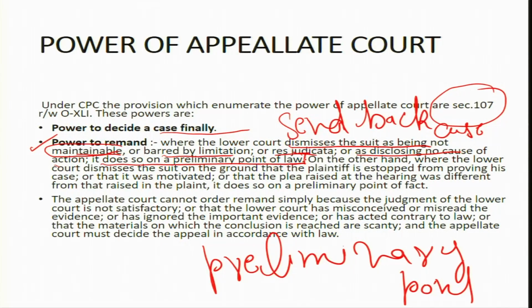Mark it from here, you will get this material in your books also. Dismisses the suit as being not maintainable. Suppose you wanted to give evidence, you wanted to prove your case, but the lower court said no, this is not maintainable, there is no cause of action. Sometimes the court, the lower court before whom you are, has to appreciate your plaint, written statement, all your evidence, primary and secondary, your cause of action.